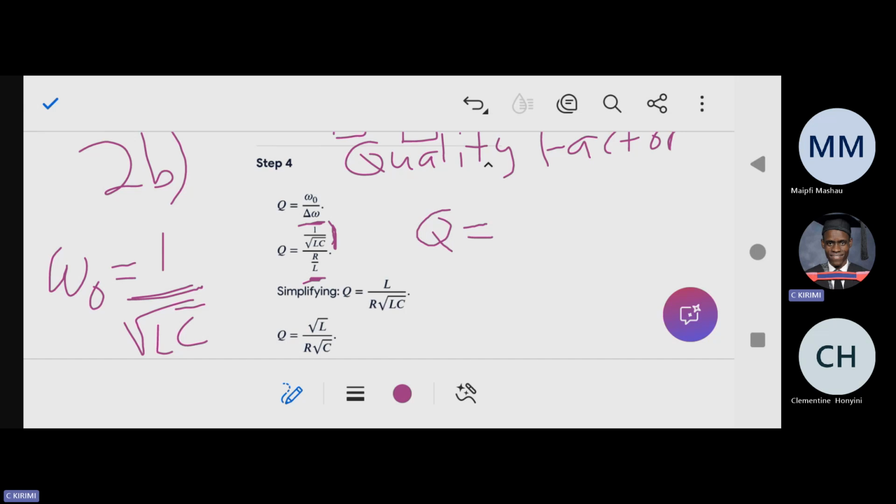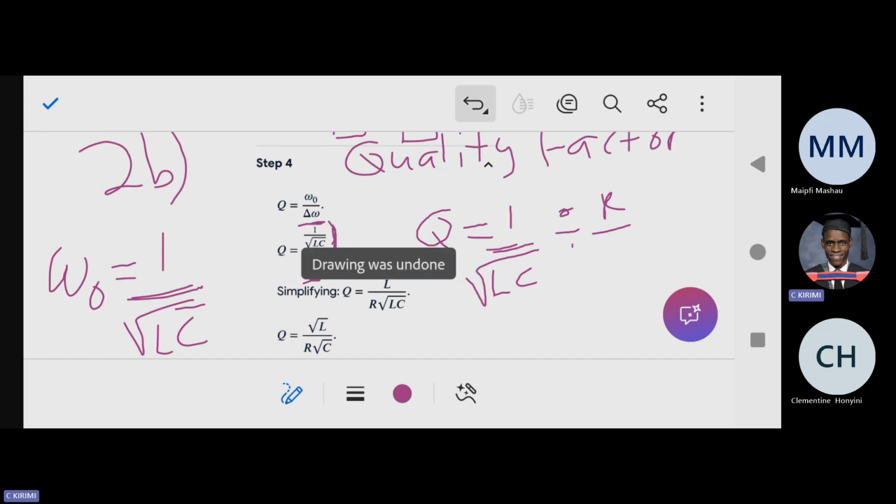So when you manipulate that, you are left with Q is equal to 1 over root of LC divided by R over L. You are dividing by R over L. Then when you multiply, which means you are going to use the inverse.